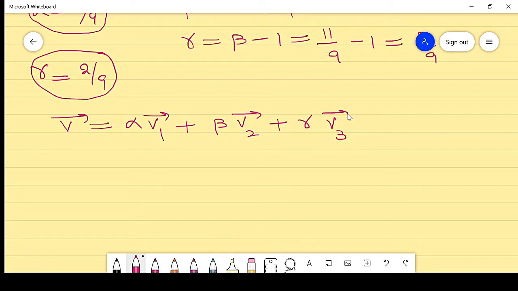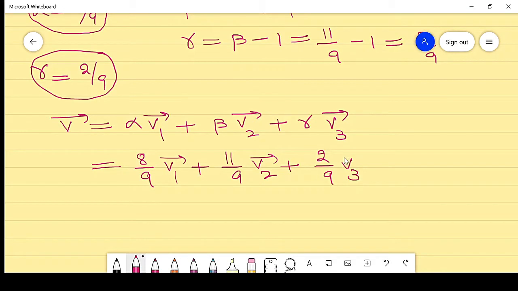Alpha is 8 by 9 into V1 vector, plus beta is 11 by 9 into V2 vector, and third is gamma, which is 2 by 9 into V3 vector.